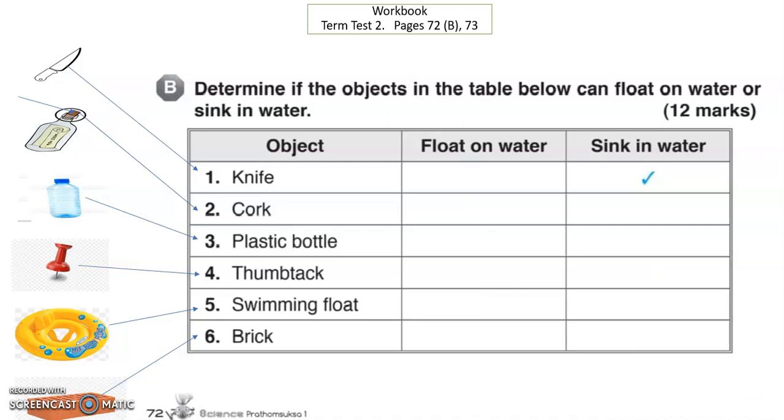Please open your workbook, page 72, letter B, and page 73. This is part 2 of term test 2.